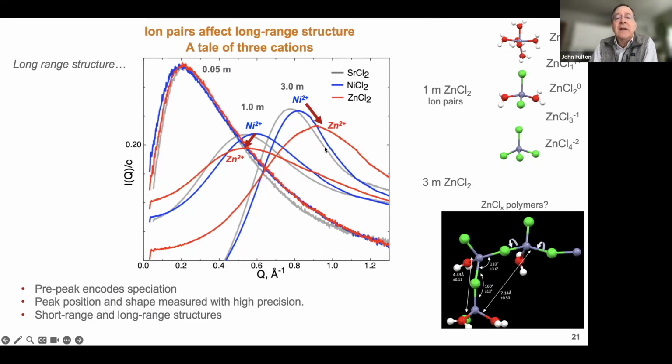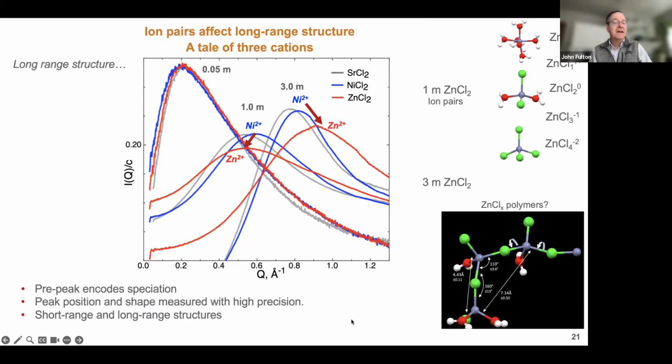The thing that was a little bit puzzling here is this shift to higher Q. So we know from MD simulations the formation of these polymeric species where the zinc-zinc distances are shorter than they would be in the fully dissociated ions. So this would be one possible explanation why we see a shift to higher Q naught for zinc.